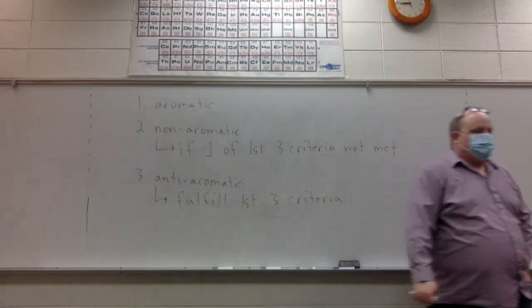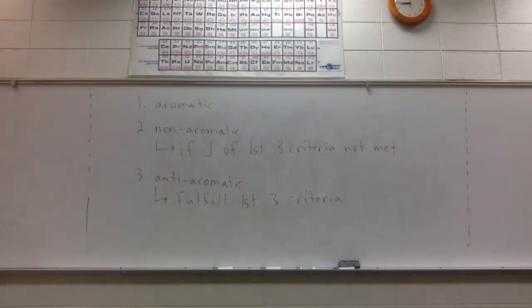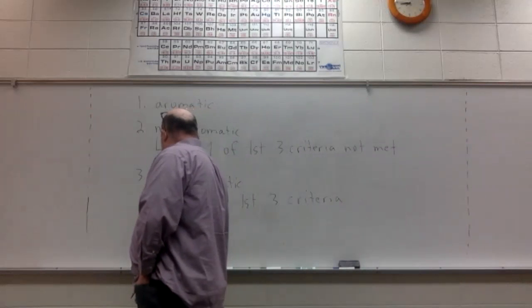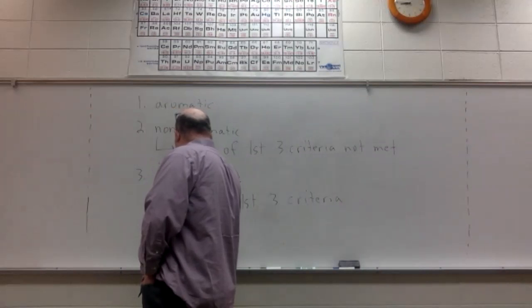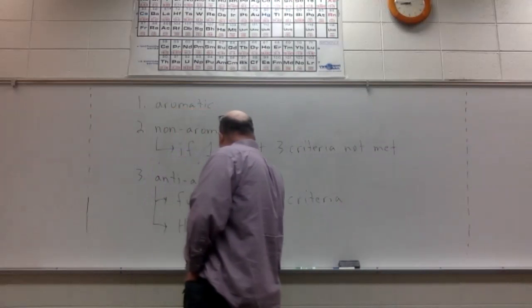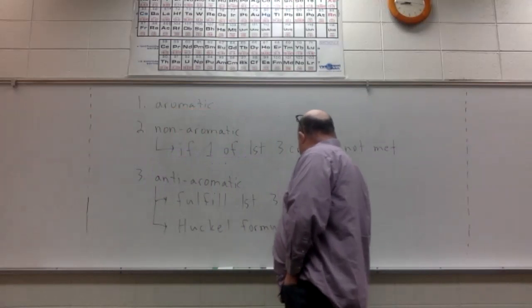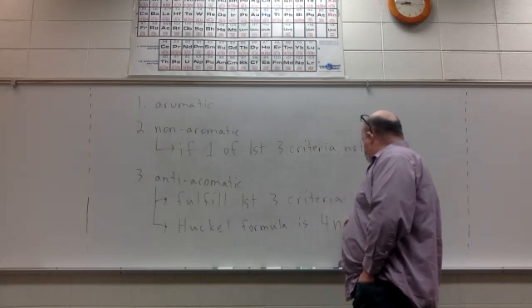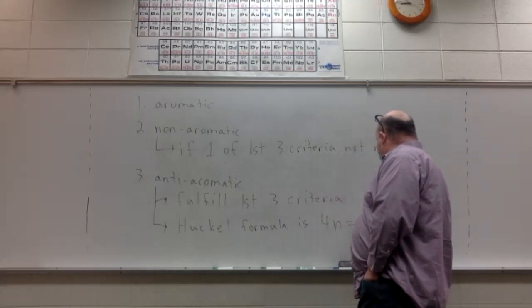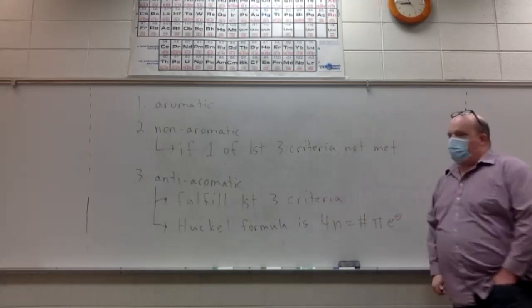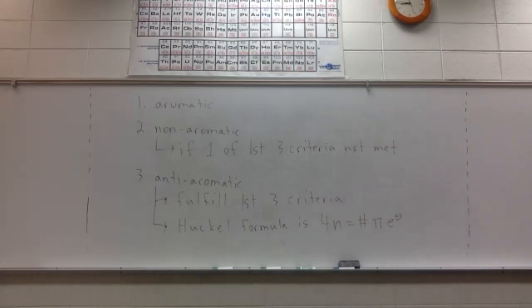So anti-aromatics are also rings, they're also planar, they're also completely conjugated. However, their Huckel number is going to be different. Specifically, their Huckel formula. Instead of being 4n plus 2, it's going to be 4n.